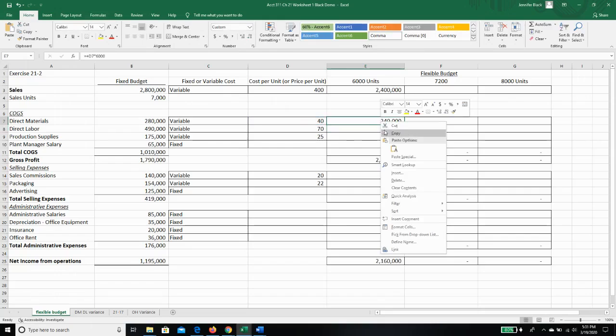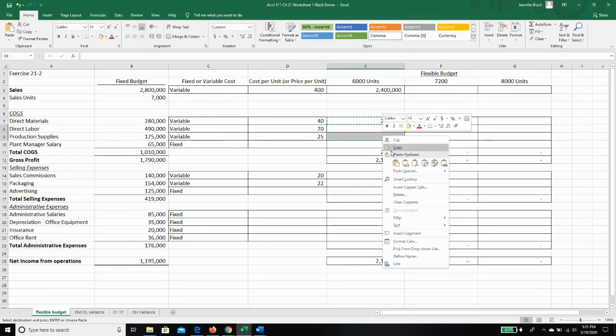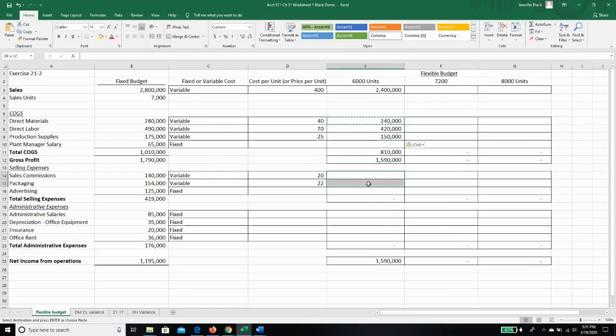And I'm going to use a formula just to make this go a little quicker because I think you guys get it by now. So each of these, and you can see the formula up here, is the cost per unit times the 6,000 units. My fixed costs, I'm just going to slide them right over because they don't change depending on how many units I sell.